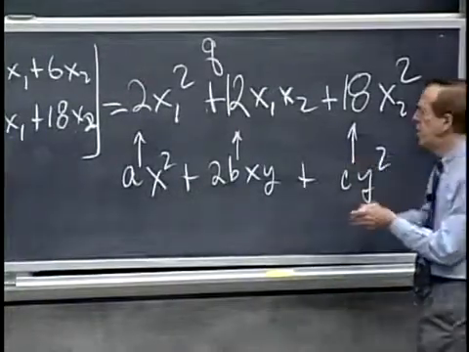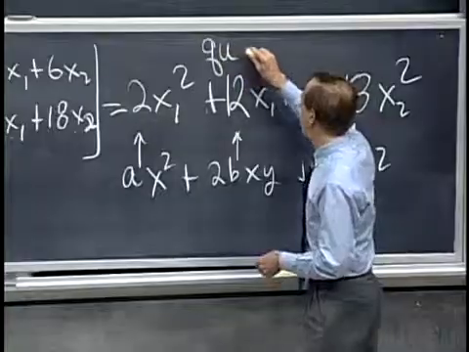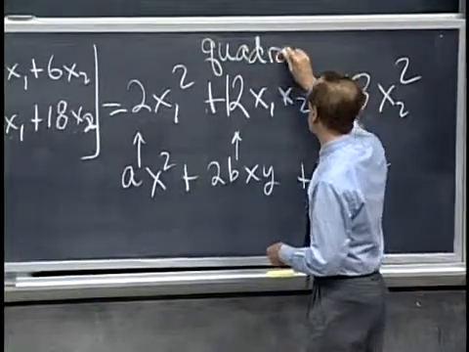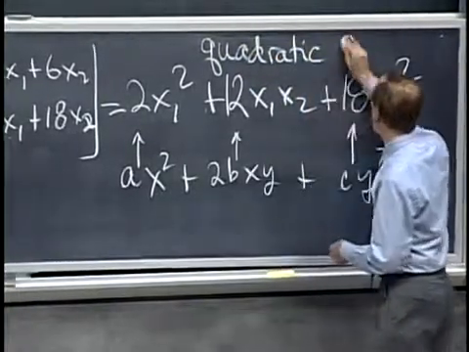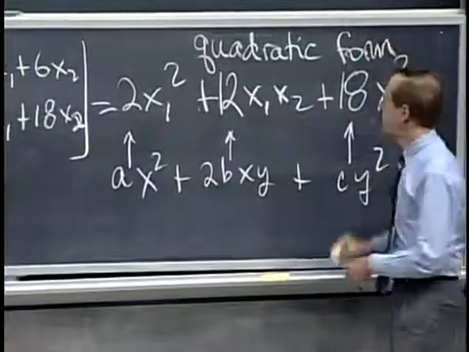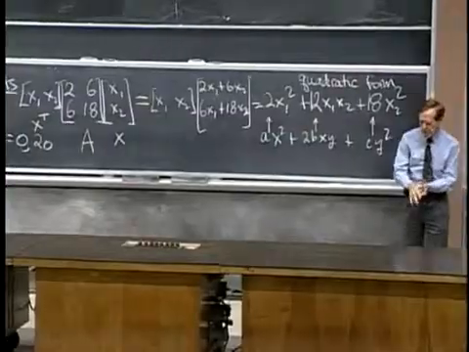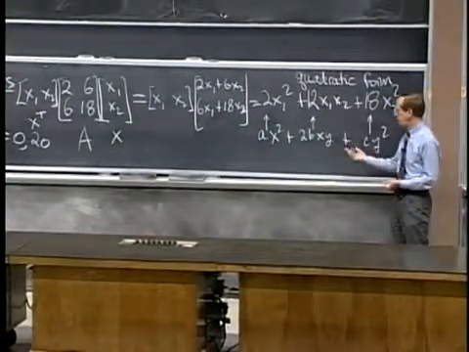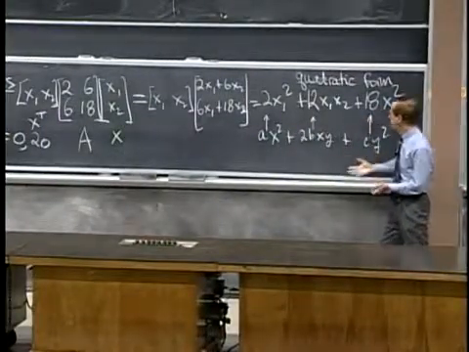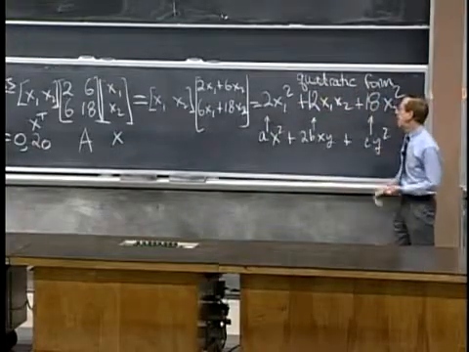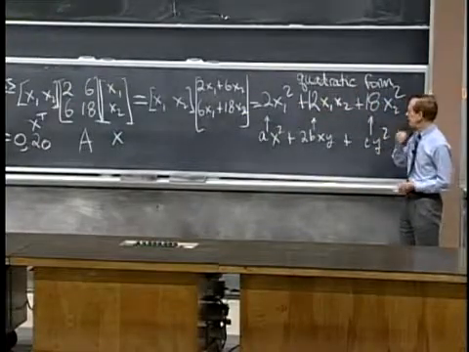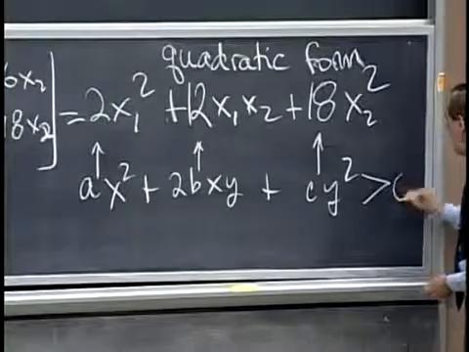I'm up to degree 2. Up to degree 2, maybe quadratic is the usual word, a quadratic form. It's purely degree 2. There's no linear part, there's no constant part, there certainly aren't any cubes or fourth powers. It's all second degree. And my question is that quantity positive or not?